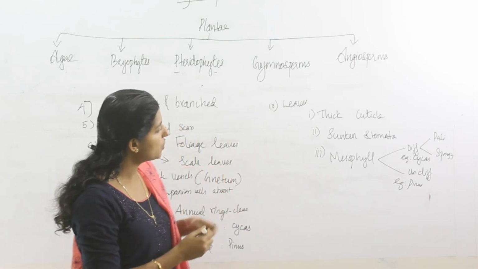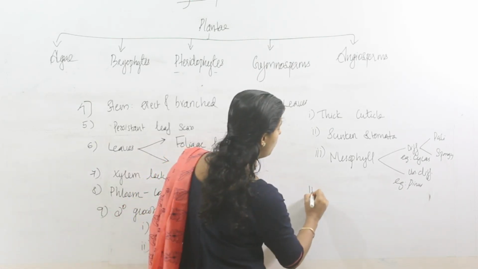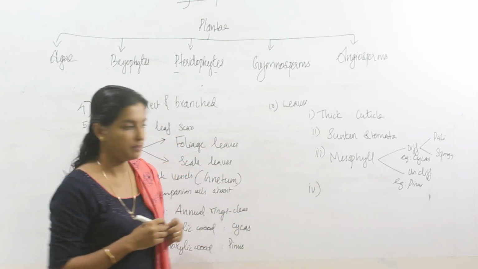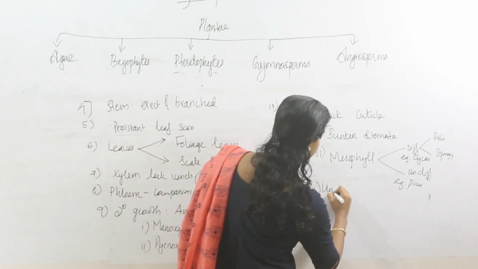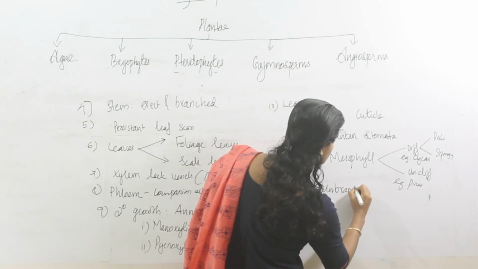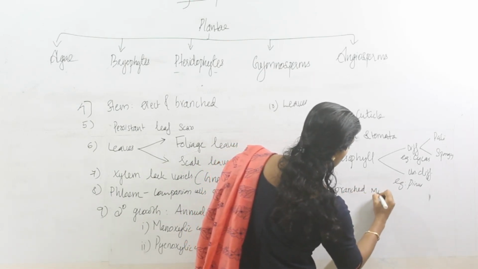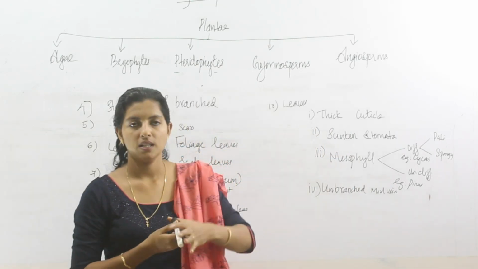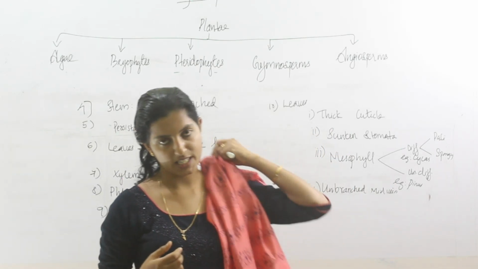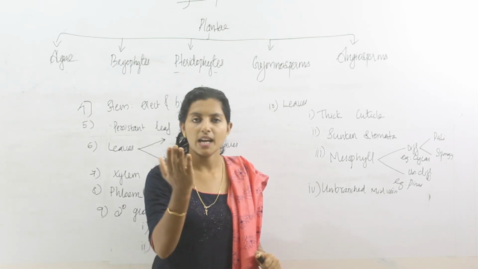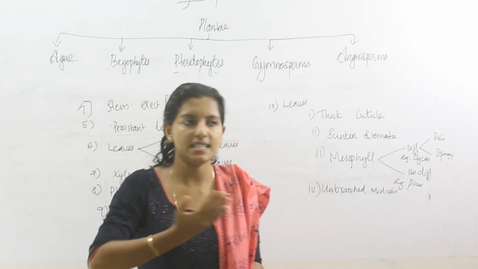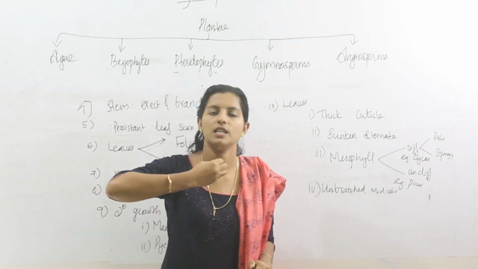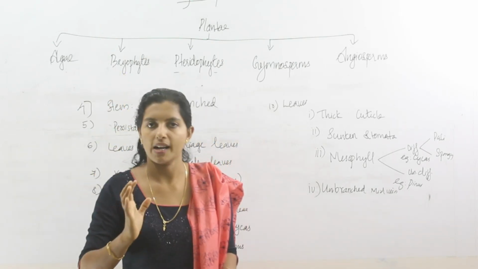Now we are moving to the fourth point, that is presence of unbranched midrib. We know what venation is, and when we take a leaf, we can see there is a network of veins for the smooth conduction of water and food.